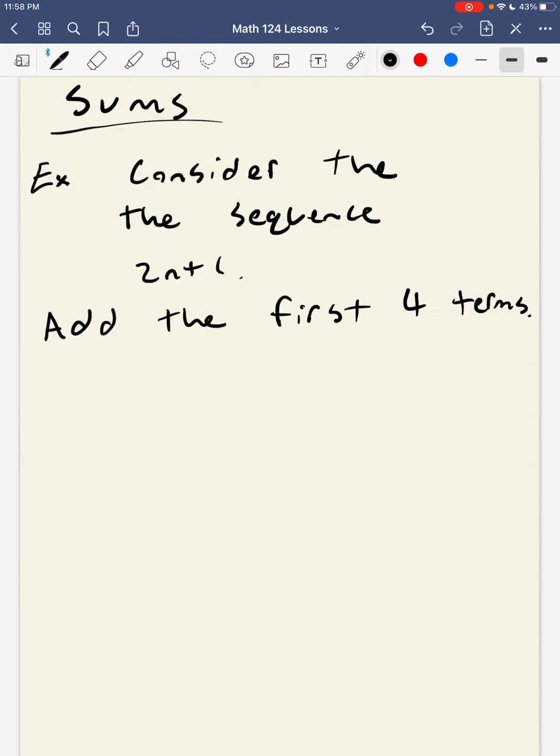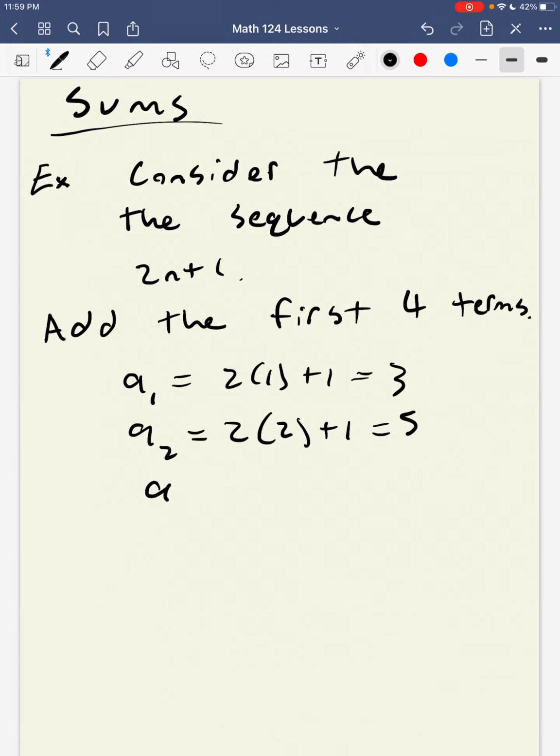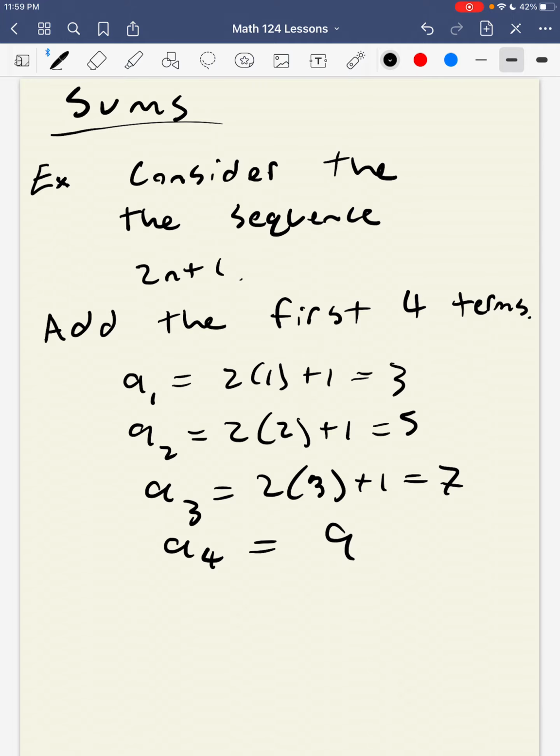To do that, we need to know what the first 4 terms are. If we plug in a 1 to this, we get 2 plus 1, which is 3. Plug in a 2, 5. Plug in a 3, 7. Plug in the 4, you get 9.